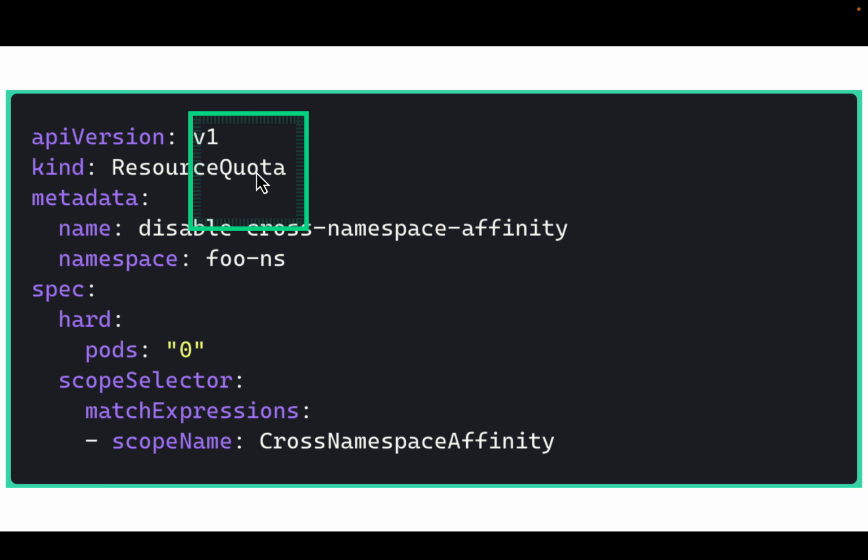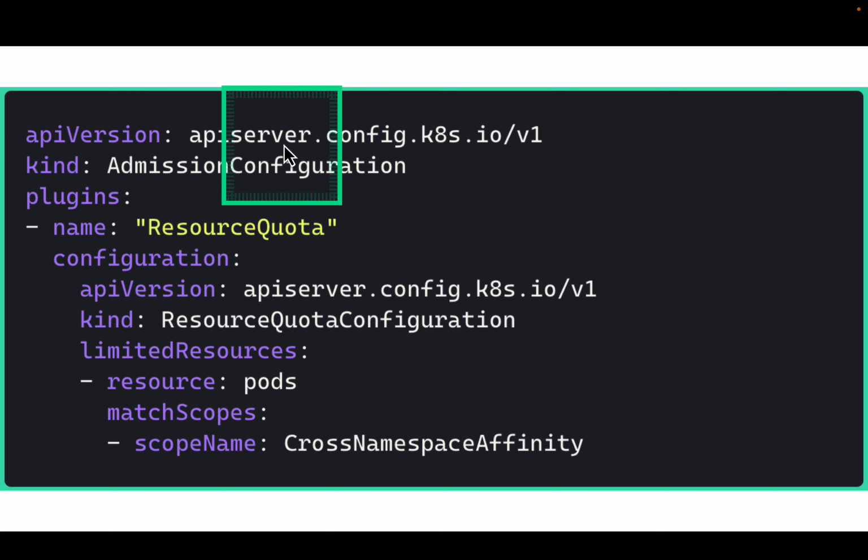So this one is an example of cross namespace, like disabling cross namespace affinity. This is of type resource quota, and it has got some hard limit, match expression, scope selector, cross namespace affinity, and then you have some admission configuration.